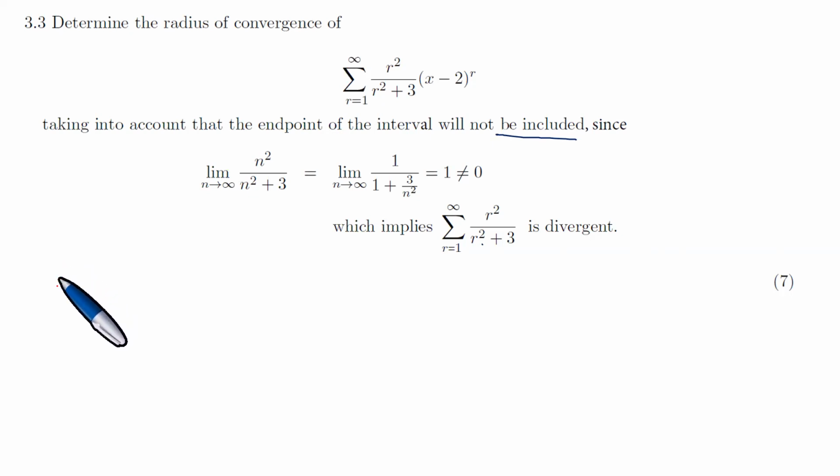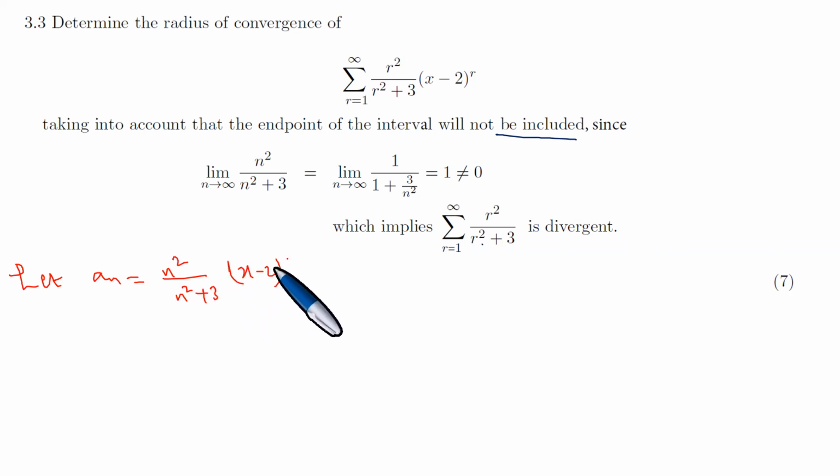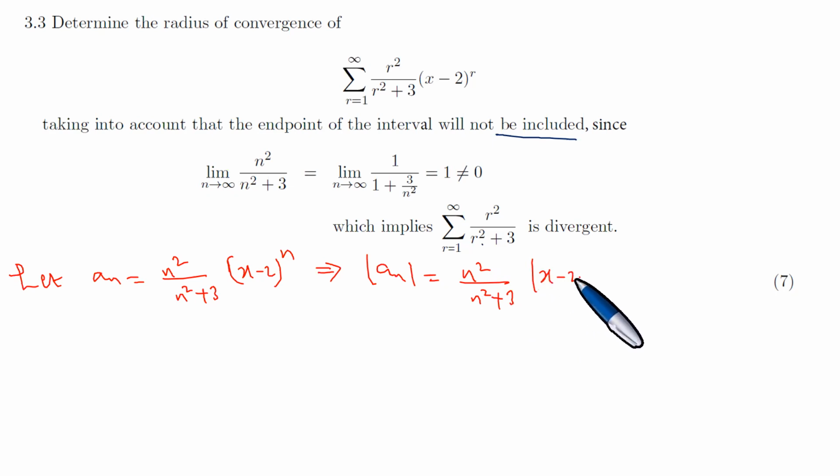We use the ratio test always. So we let a_n, which is n squared divided by n squared plus 3, times x minus 2 to the n.